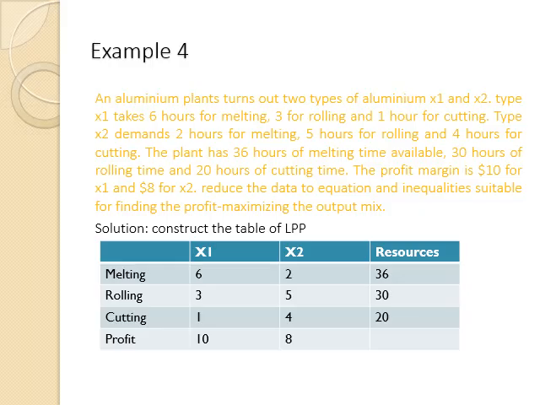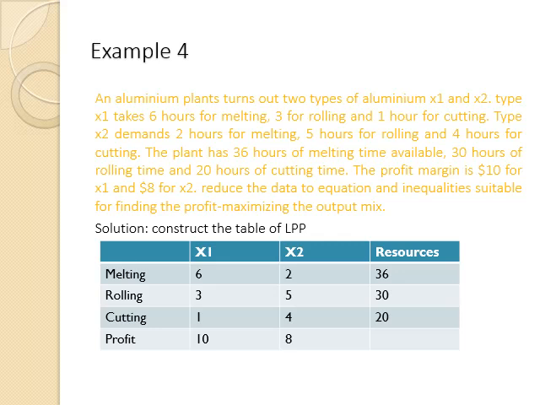The example mentioned 3 stages of production or 3 processes of production: melting, rolling, and cutting. That means each product should pass these 3 stages.